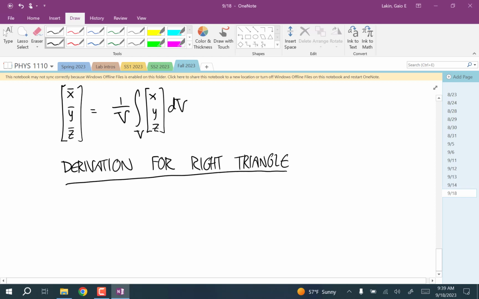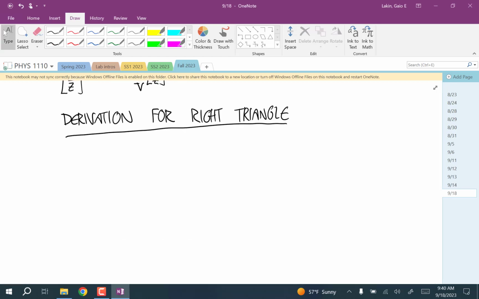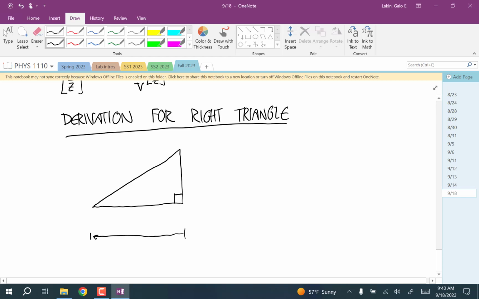Okay, so it would be a real bummer if every single time you got to a new shape, you had to figure out how to use this integral definition. But I'm going to hopefully show you why you don't have to do that. Okay. So this is going to be our shape, this right triangle. And I'm going to call the length here b, and I'm going to call this h.